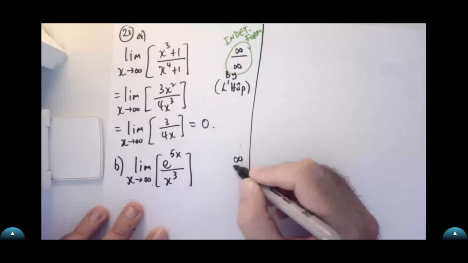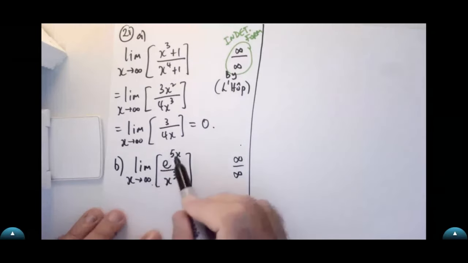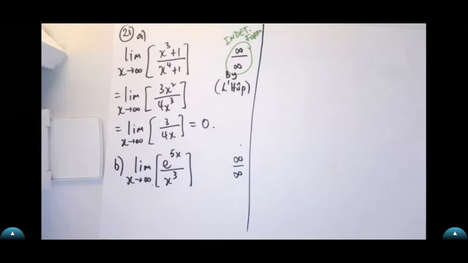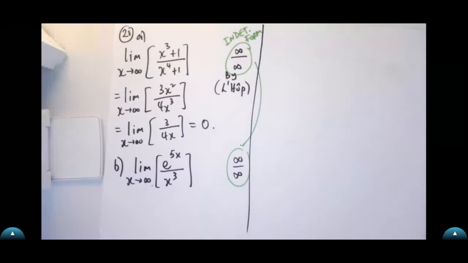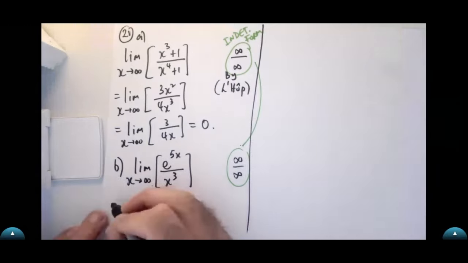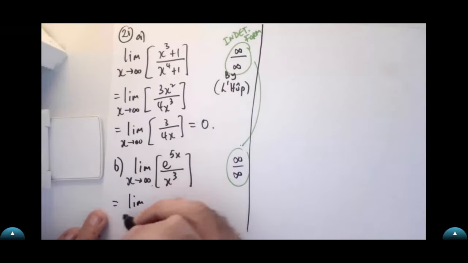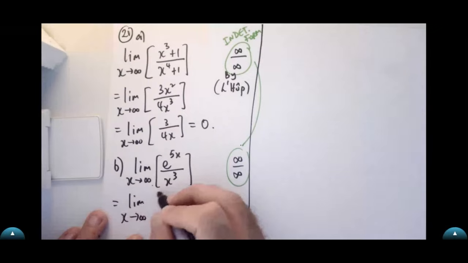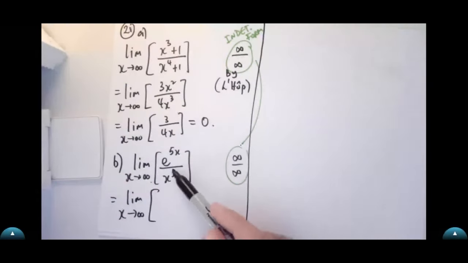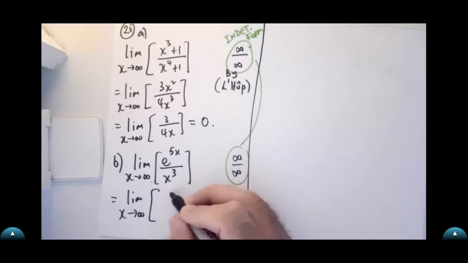If you put in x approaches infinity, you're going to get this indeterminate form again. So let's apply L'Hopital. You can see what's going to happen. We're going to annihilate this x cubed until we get a constant. That's pretty much what we're going to do, right?